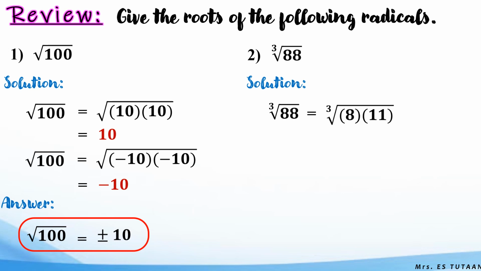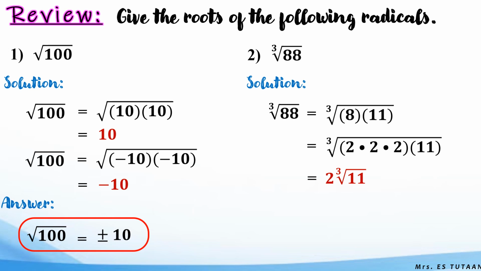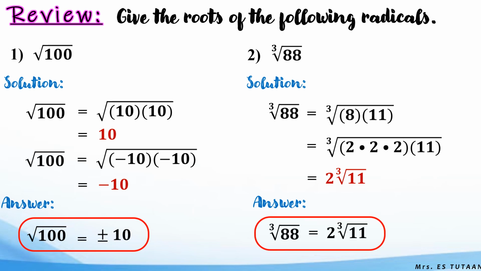So, that is equal to 8 times 11 at yung ating 8 ay pwede nating isulat as factors of 2 times 2 times 2. So, then, ilalabas natin yung isang 2 at iiwanan natin sa radical sign yung 11. So, that means cube root of 88 is equal to 2 cube root of 11.